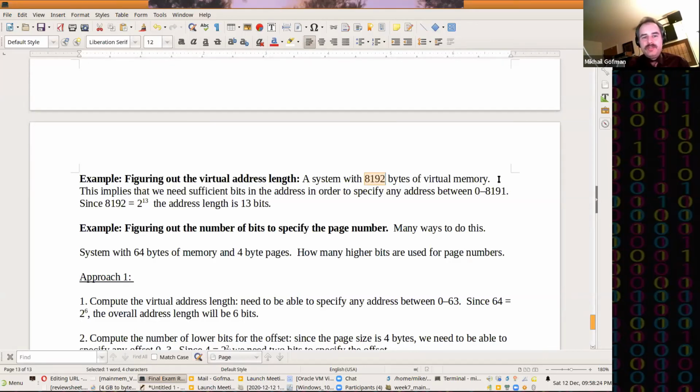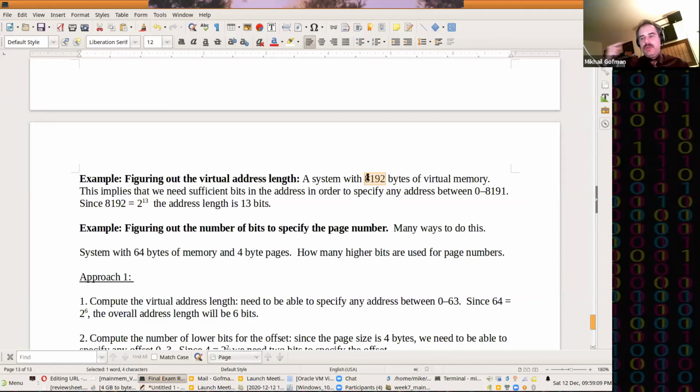So this means that the process should be able to access any byte in its memory, starting from byte address 0, byte address 1, byte address 2, all the way to the byte address of 8191, right? Does that part make sense? Sure. So suppose you have a system that has 8,192 bytes of virtual memory. This means that the process should be able to access any address between 0 and 8191, right?